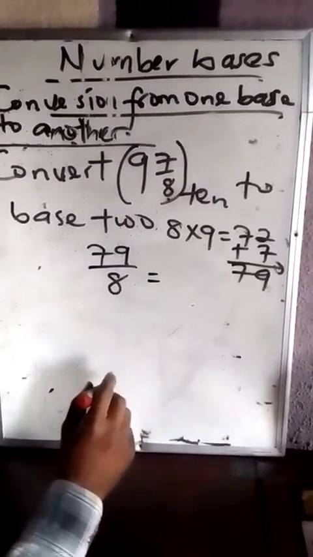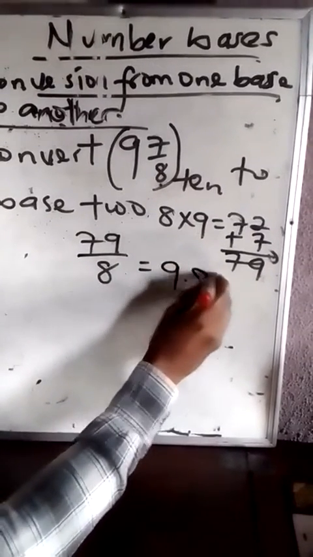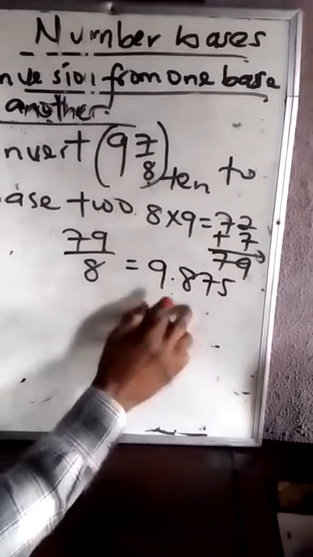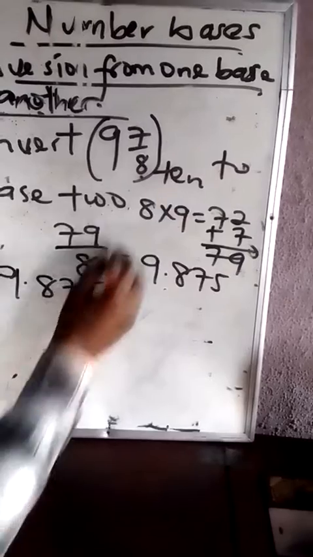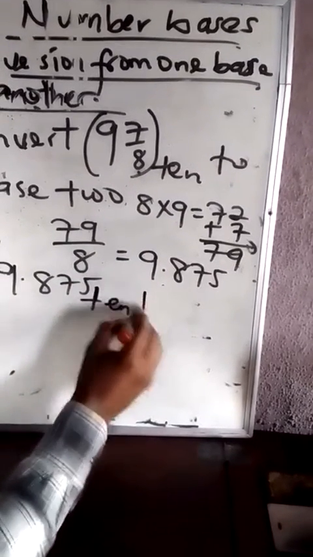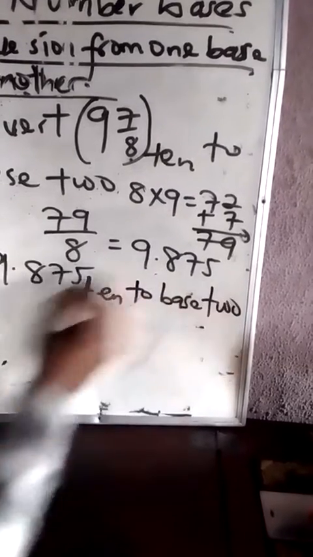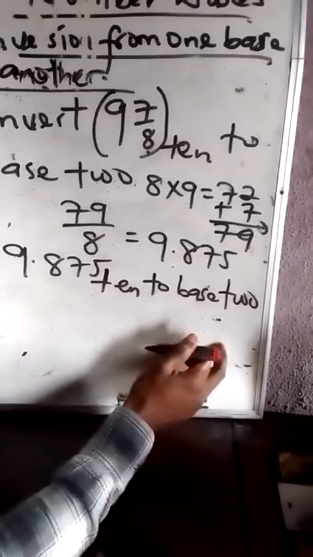That one is going to give us 9.875. So that means this one has turned into decimal. That is 9.875 base 10 to base 2.